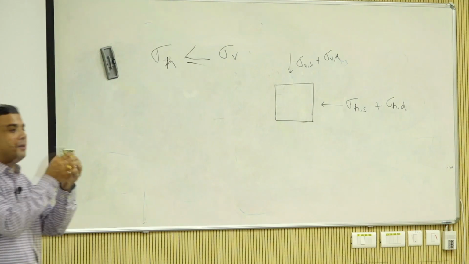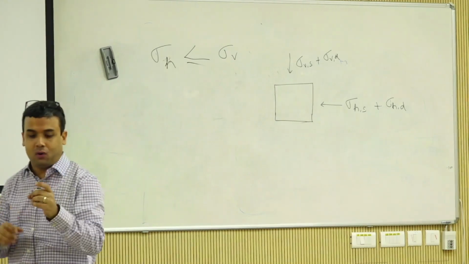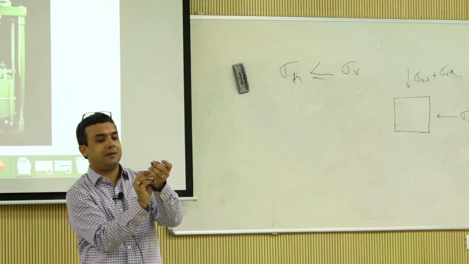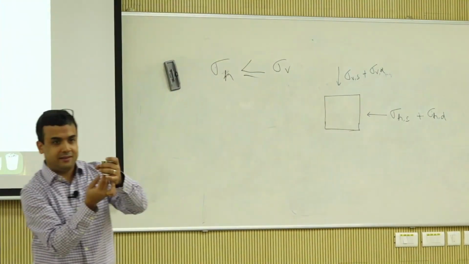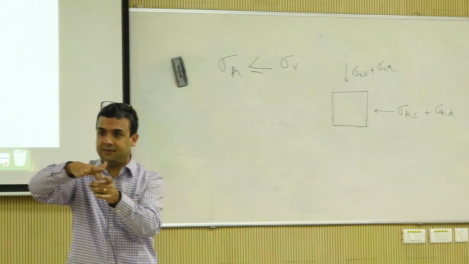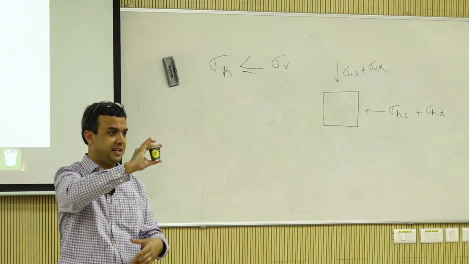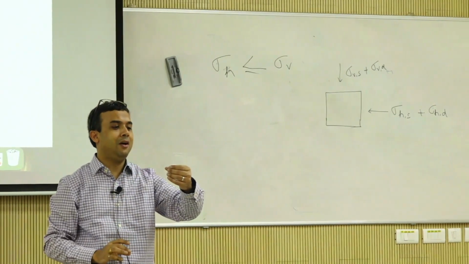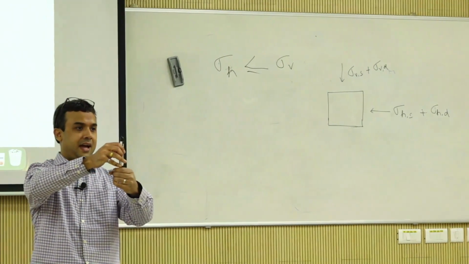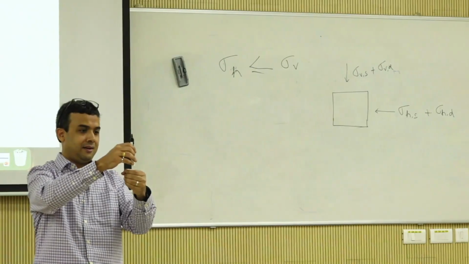Okay, so now we are talking about a specimen. I somehow come up with a magical way of having a sleeve like this, and my specimen is in this sleeve. Do you understand? The triaxial specimen is in the sleeve, and I have a magical way of separately applying vertical stress here, and I have a way of confining it this way, right? Now you see the difference.